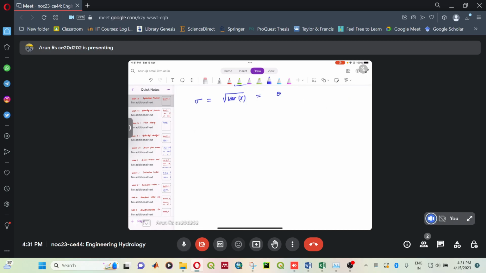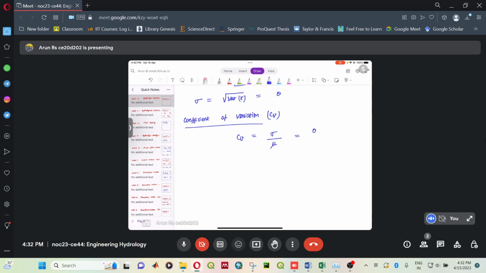The fourth measure is the coefficient of variation, and it is represented by CV. So CV is the ratio of the standard deviation to your mean.